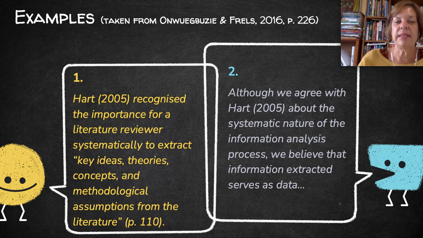Hart recognized the importance for a literature reviewer systematically to extract. So recognize the importance. So there the author is saying, I agree with this author totally, the source author. And then the second example, although we agree with Hart about the systematic nature of informational analysis process, we believe that information extracted serves as data.